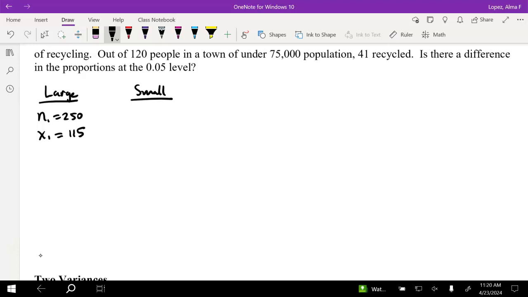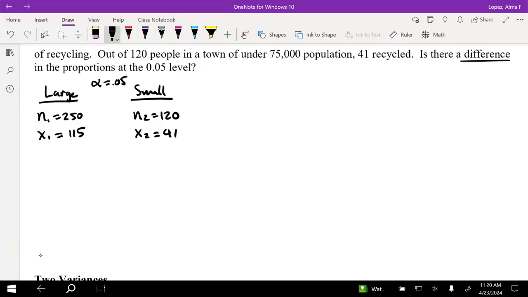In the small towns that were under 75,000, 120 people were asked, and of those, 41 did some type of recycling. Is there a difference in the proportions at a 0.05 level?